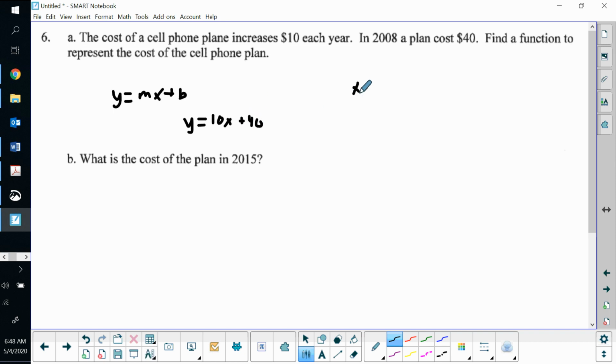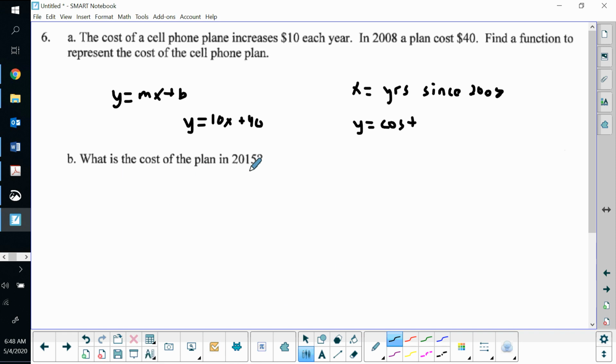This time we are given a calendar year, so x would be our years since 2008. And y is our cost of the plan.